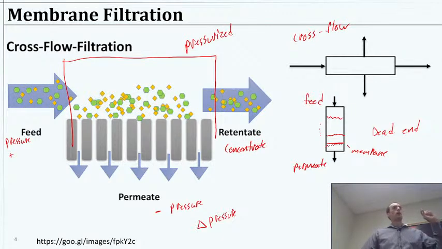So we'll look at an example problem of just that in a little while. So that could give us a way to concentrate a solution, but it's not a flow rate, right? We've just done it in a batch scenario. We've concentrated a little bit of it, it's just sitting there now, and we also produced a little bit of permeate, however much volume we pushed through that filter. Okay, so that's the deal for dead-end filtration.